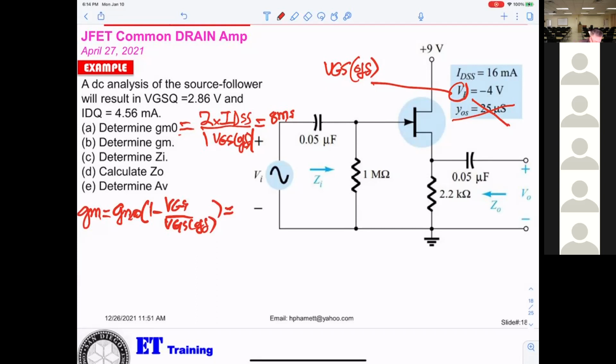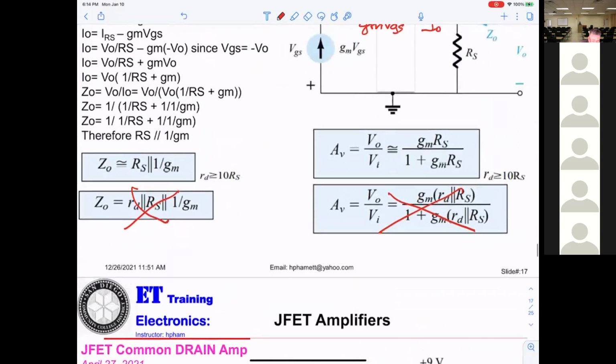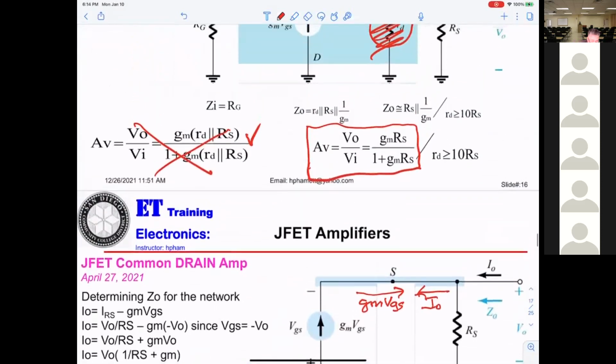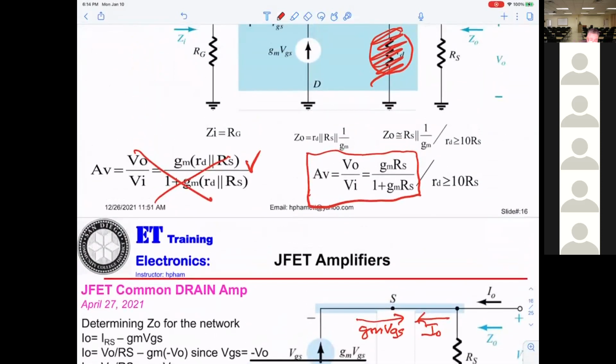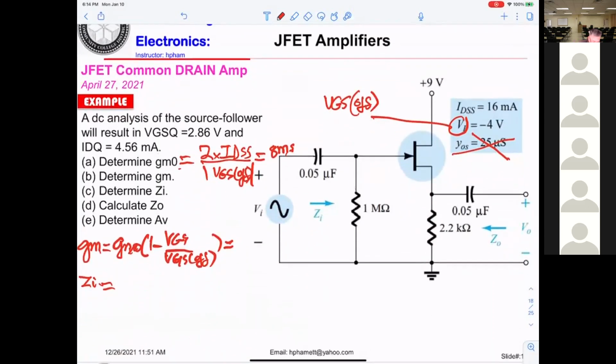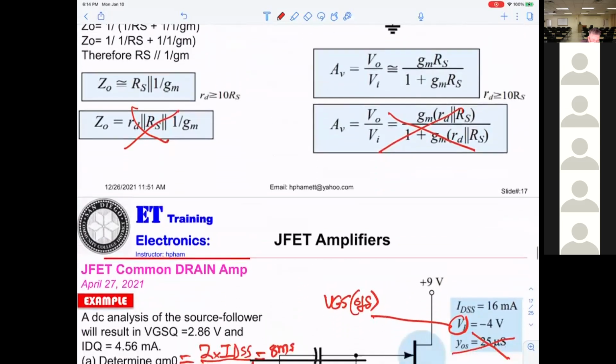And also, let's see, ZIN equals RG. ZOUT equals RS parallel 1 over GM.